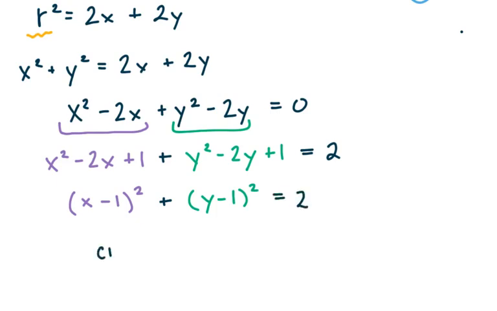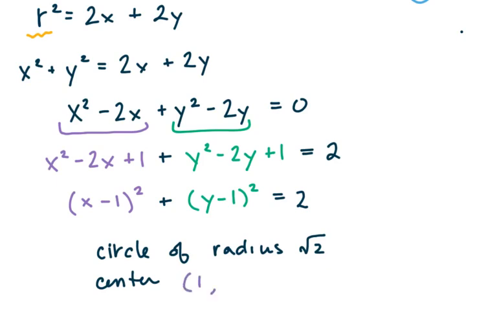So this is a circle of radius square root of 2, and the center is at positive 1, 1. And that's it. And like I said, you should have had some practice previously with this in your trigonometry class.